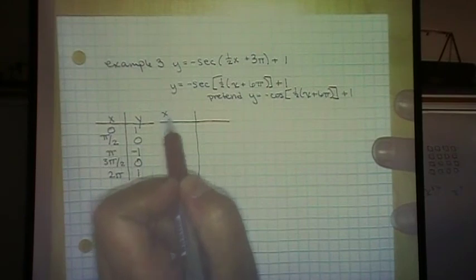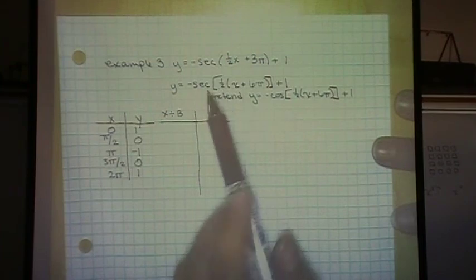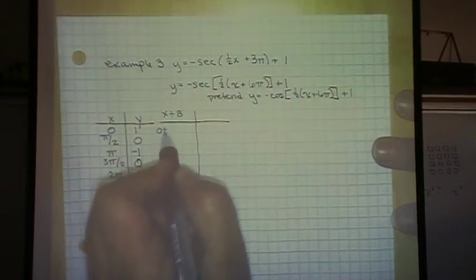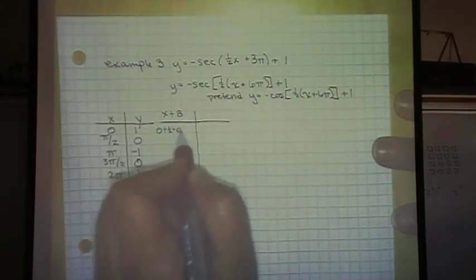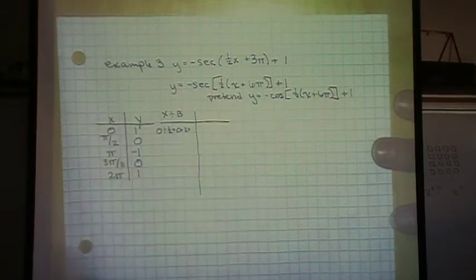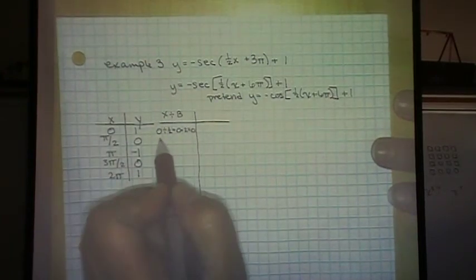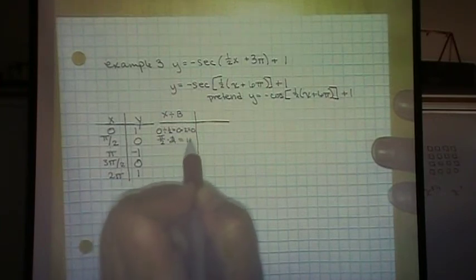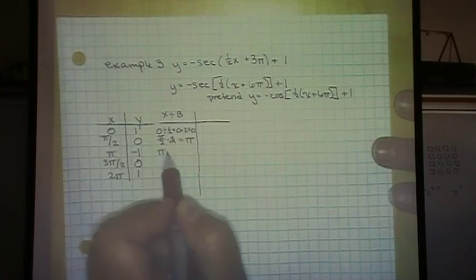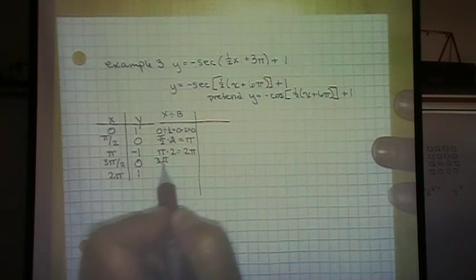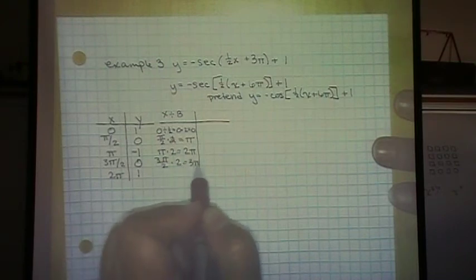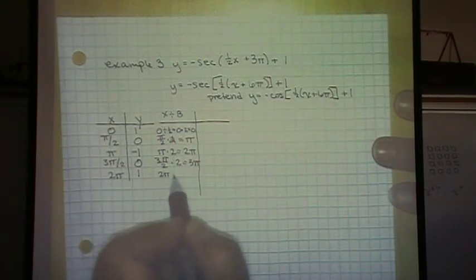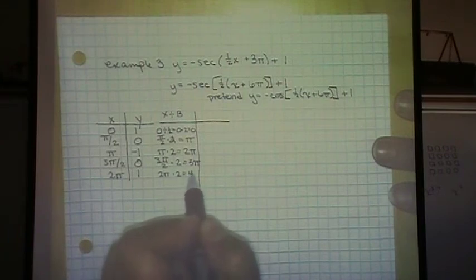So I'm going to take x divided by b. So I'm going to divide by 1/2. But that's the same as multiplying by 2, so I'm just going to multiply everything by 2. So pi over 2 times 2 is just pi. Pi times 2 is 2 pi. 3 pi over 2 times 2 is 3 pi. And 2 pi times 2 is 4 pi.